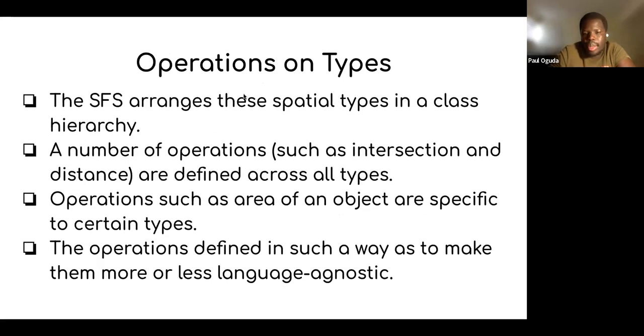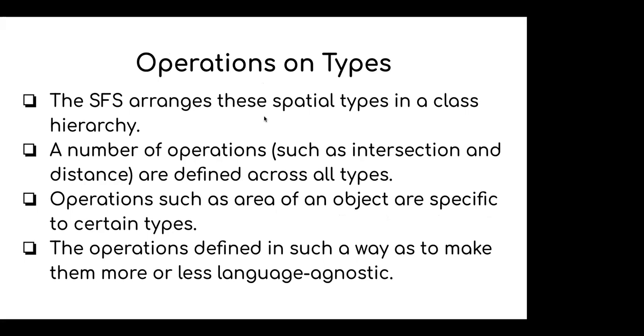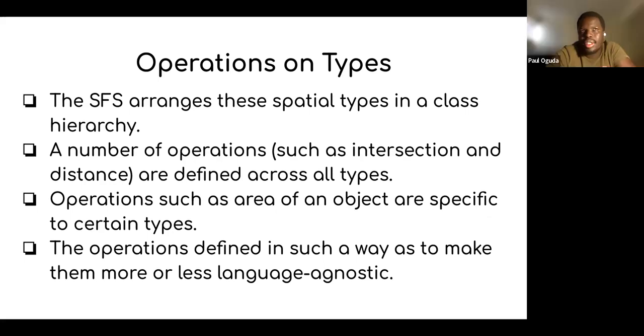So there are a number of operations which you can do on these types. We have a class hierarchy to do this. For instance, you can do something like intersection between two different areas. You may want to find whether an area is included within a certain area.